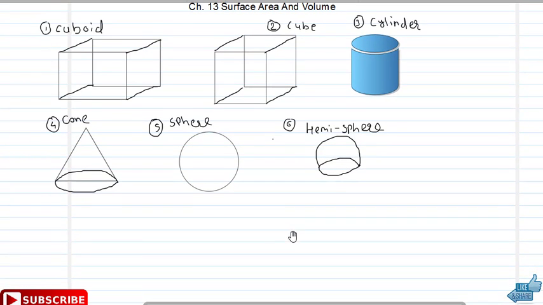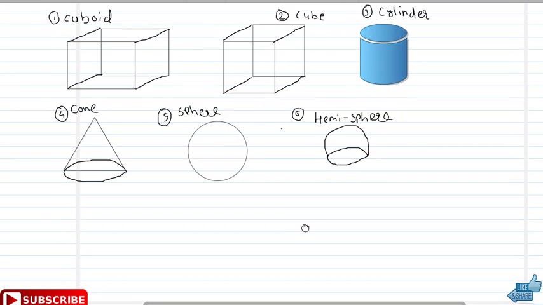Actually sequence doesn't matter, but if you remember the sequence, you can easily remember all the formulas. So the first one we will watch is cuboid. So first I am going to write here, number 1, cuboid.